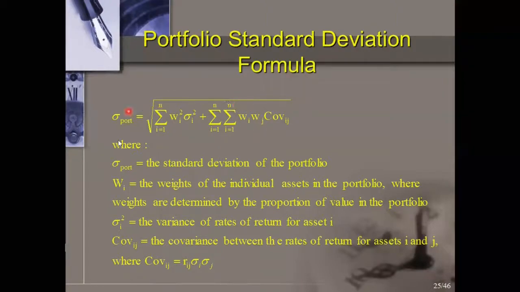In order to understand how it works, we will start with 2 assets. 2 assets means we will be considering a portfolio with only 2 investment securities, suppose A and B.